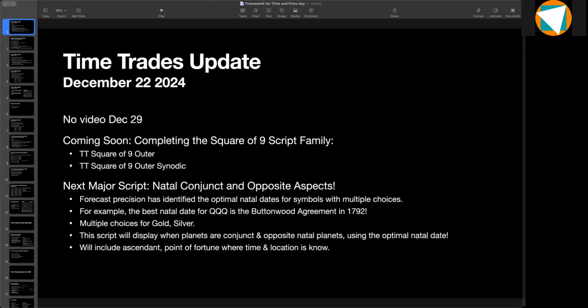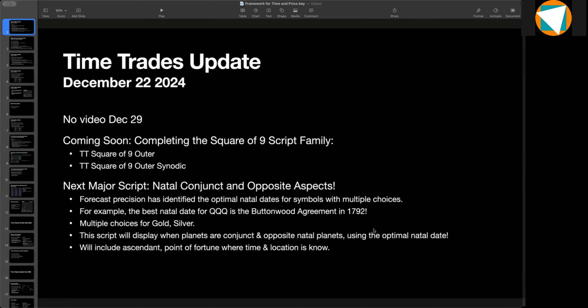The great thing is, because of the Time Trades AI platform, we can quantifiably measure which natal date is better. I've been building that out in the background and have that capability implemented now. So there's no more guessing on the best natal date, because the AI will figure it out and tell me. I'm going to embed that knowledge in this TradingView script to make it drop dead easy to get the best possible natal date and then display when transiting planets are conjunct and opposite those natal planets.